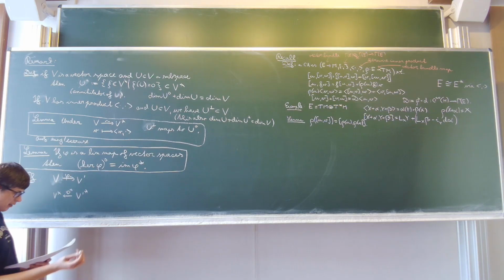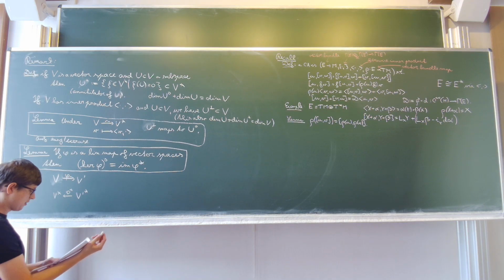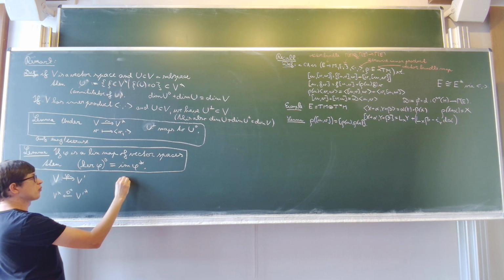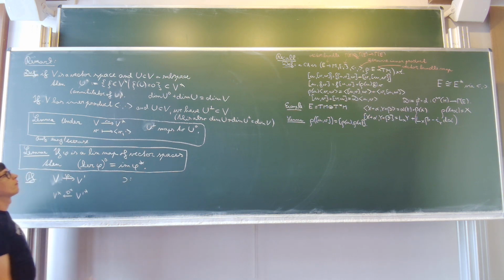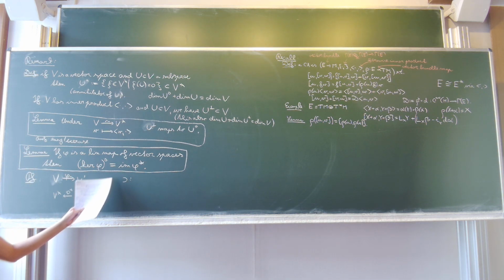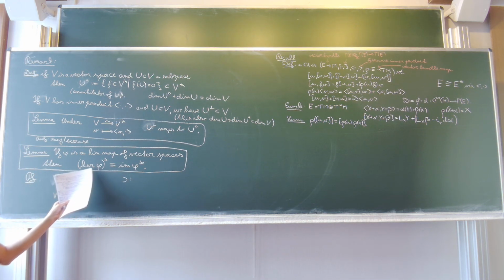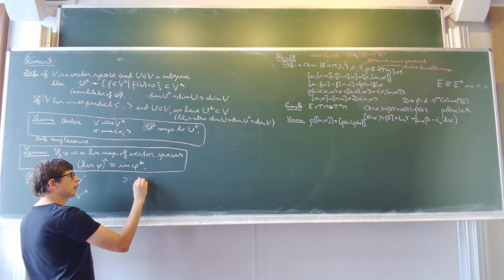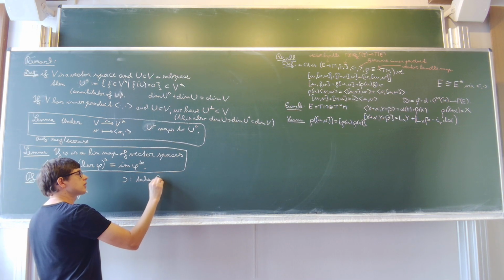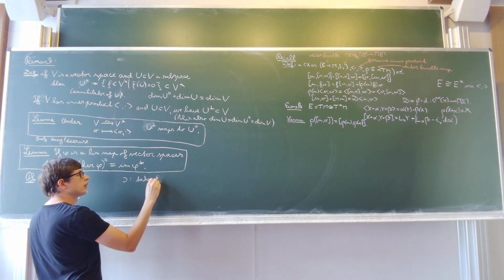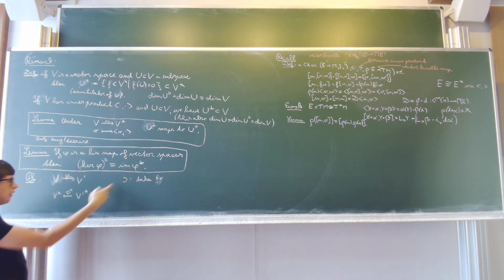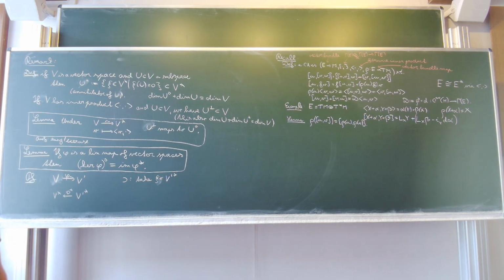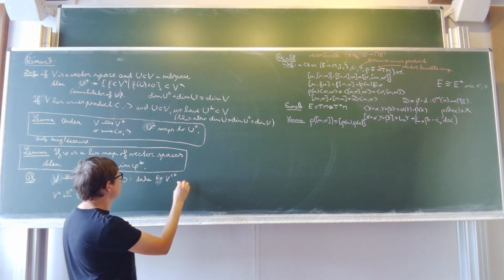So how do we prove that? First let's prove this inclusion. I want to show that if something is in the image, then it annihilates the kernel. Let's take psi in V prime star.